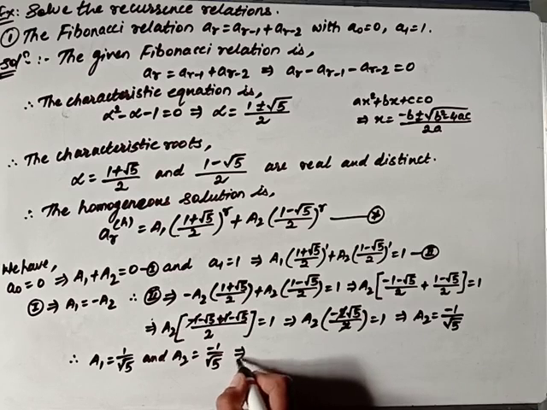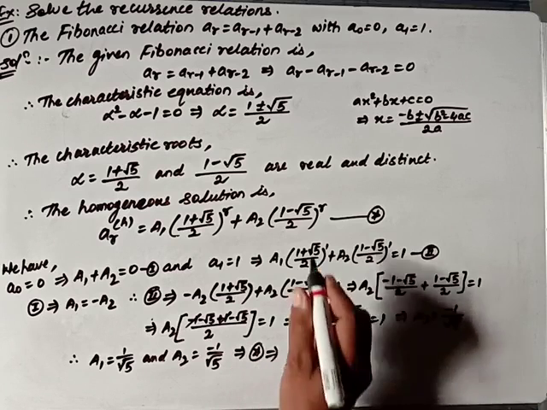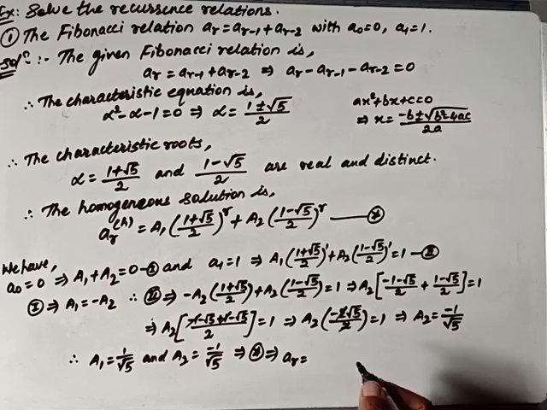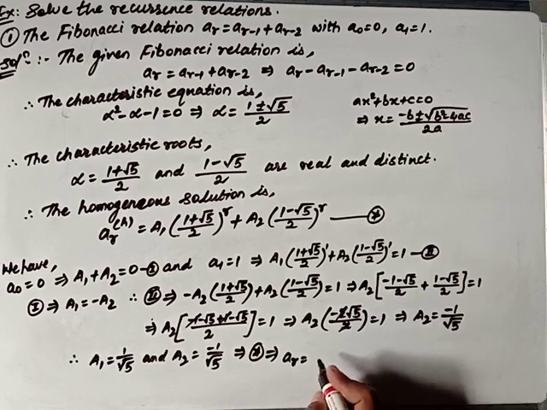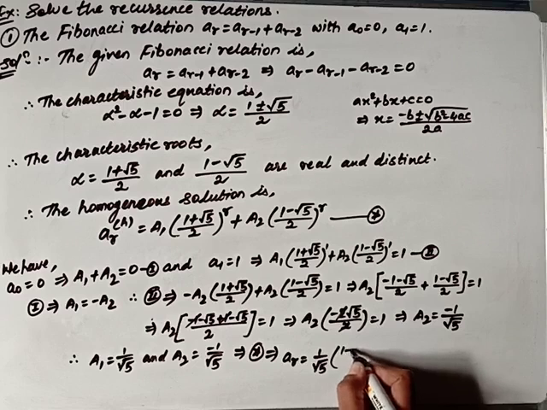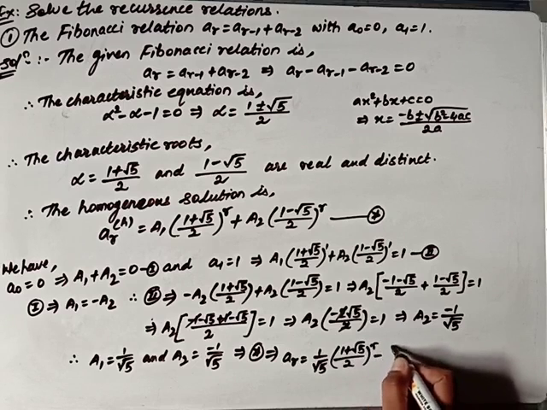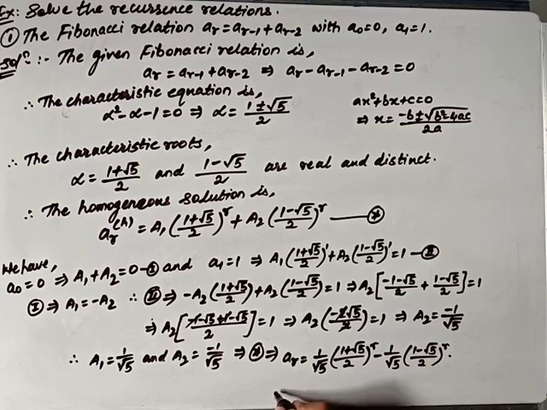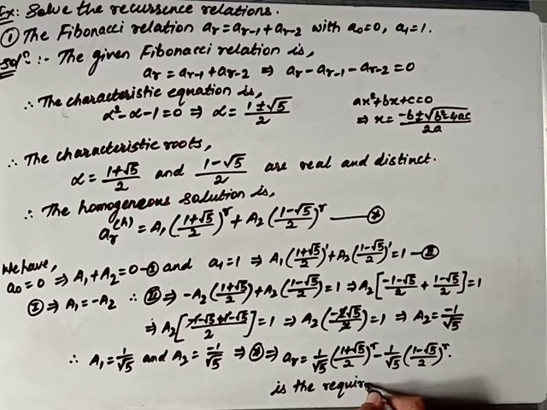So star becomes our required solution. a_r is equal to 1 by root 5 into (1 plus root 5 by 2) raised to r minus 1 upon root 5 into (1 minus root 5 by 2) raised to r is the required solution.